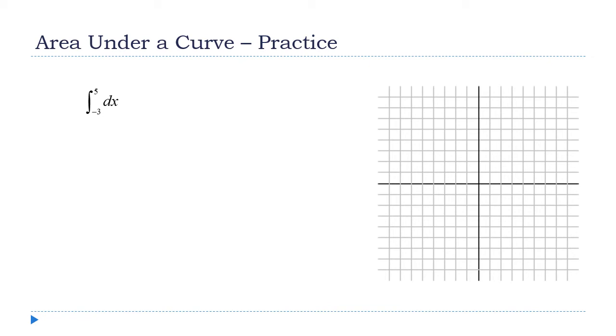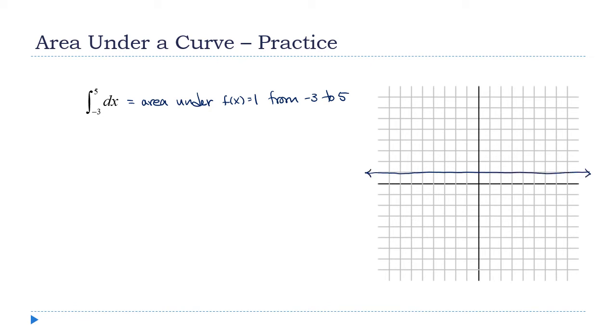Well, what is our function? This is the area under f of x equals 1 from -3 to 5. So let's do what I did the last time. Let's graph this. F of x equals 1 is this horizontal line.